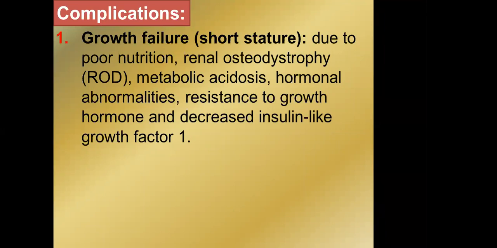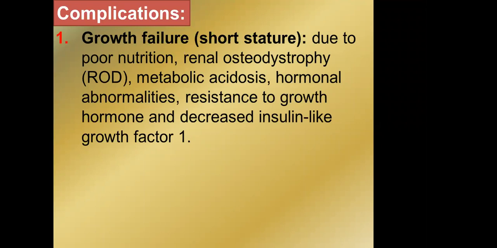There are also hormonal abnormalities, resistance to growth hormone, and decrease in insulin-like growth factor 1, which is produced by the kidney and is very important for the growth of tissue. So these are the causes of growth failure in patients with chronic kidney disease.